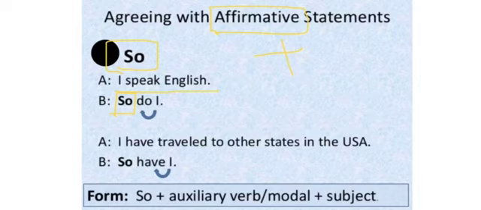The rule is, if the statement contains any of these auxiliary verbs, you're going to use the same auxiliary or the same family of it in the agreeing statement. If the statement does not contain any of these auxiliaries, you're going to use the family of verbs to do, which are do, does, or did.